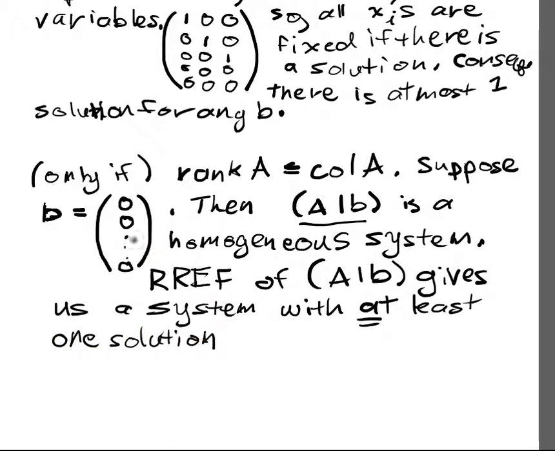So there's always a solution to the homogeneous system. You set all your variables equal to 0, and you're going to get one solution. That's why the homogeneous system is interesting. So we have a system with at least one solution that has at least one free variable.